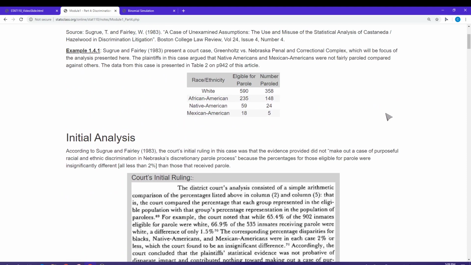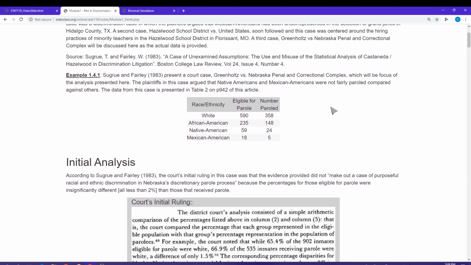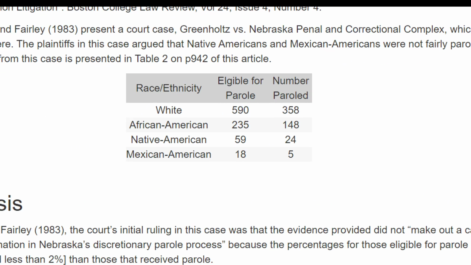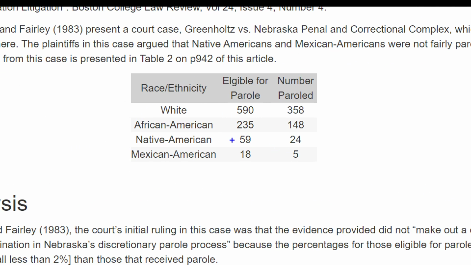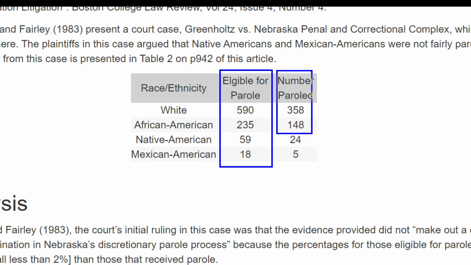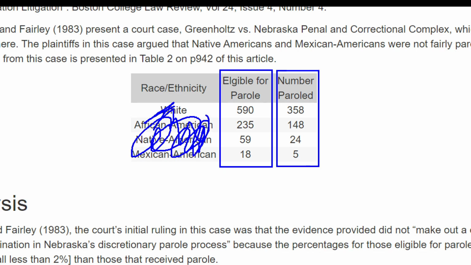Now, let's look at this table a little more closely. The approach that we're going to take is to consider those that were eligible for parole and those that received parole, but without considering the ethnicity or race.